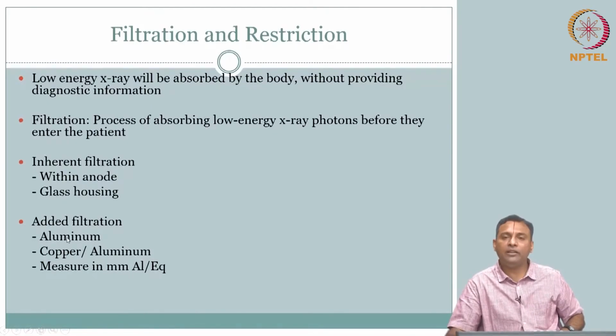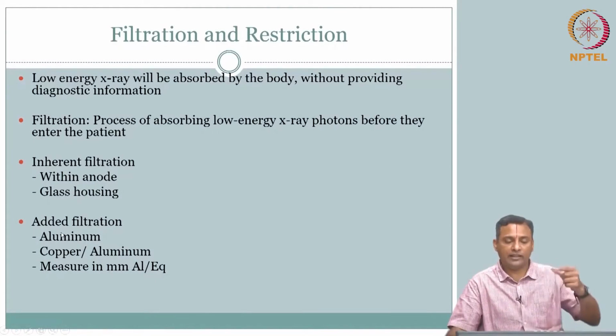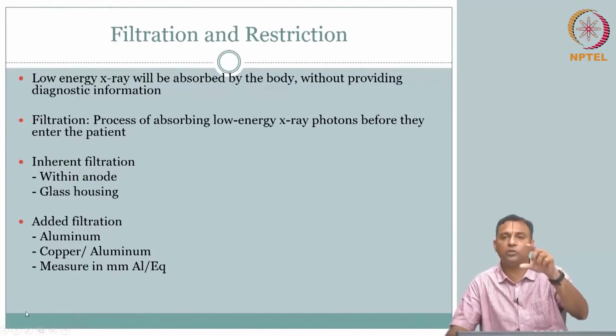Aluminum is a very commonly used material for this filtering purpose. In fact, it is so common that even if you use another material, you will report the thickness in terms of aluminum.